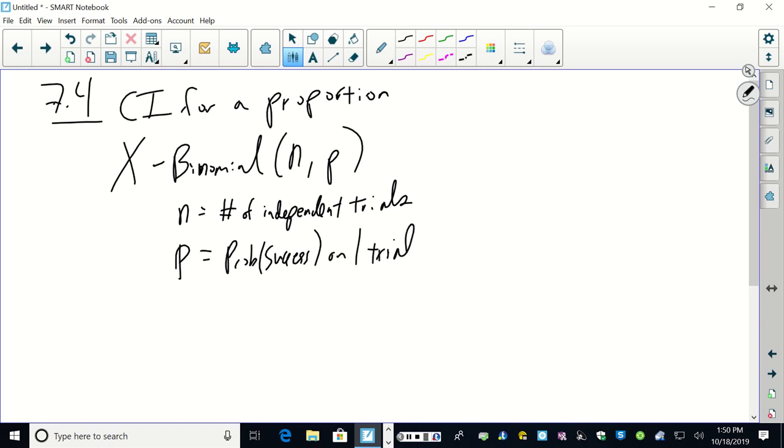Success is kind of generic, just the probability of something that you're trying to count. And each trial is either going to be success or failure. And you do n times, and then x counts the number of successes.